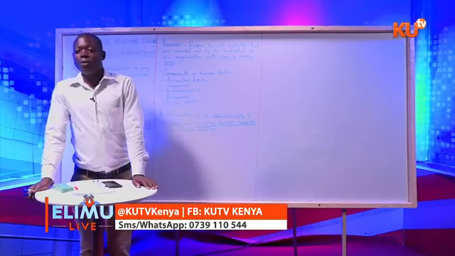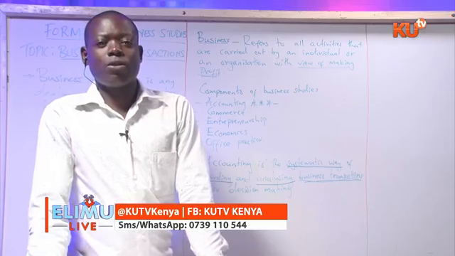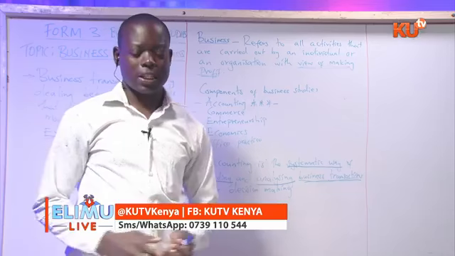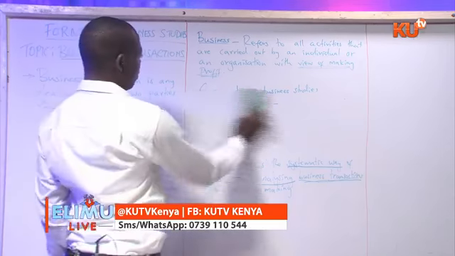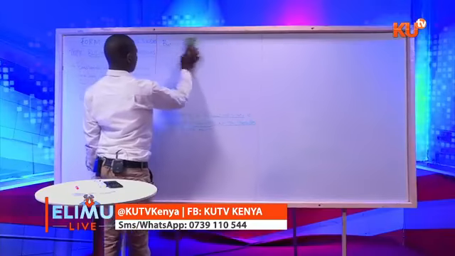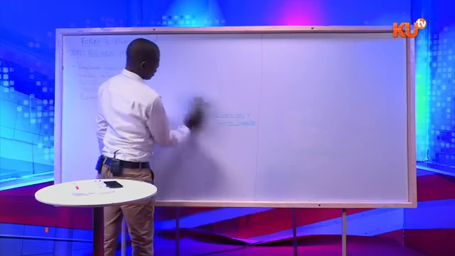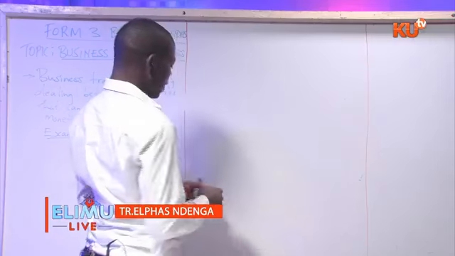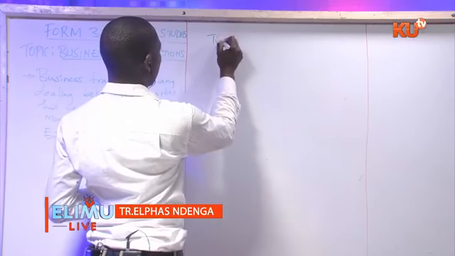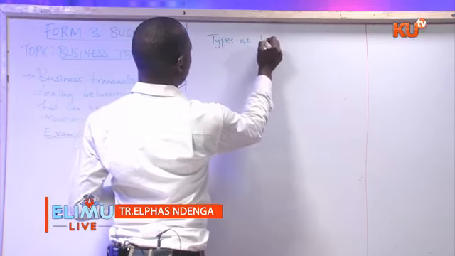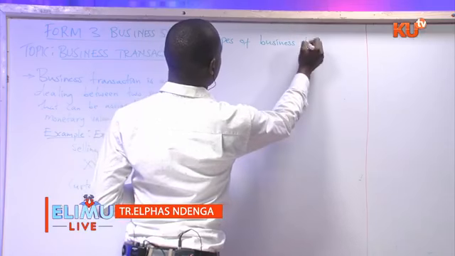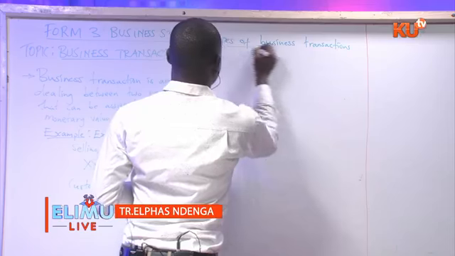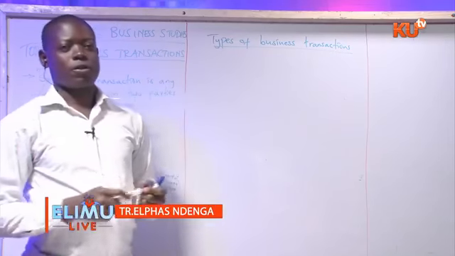Then once we are aware of what is a business transaction, students, we need to understand what are the types of business transactions. This deal, as it happens, there are classes or categories of these business transactions. So number 2, what are the types of business transactions?